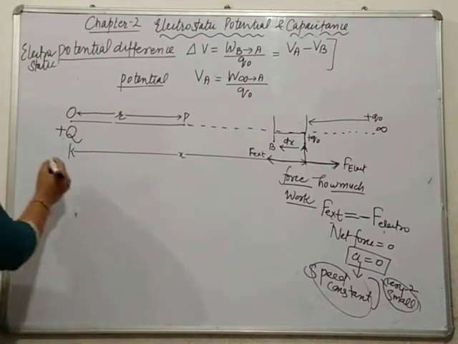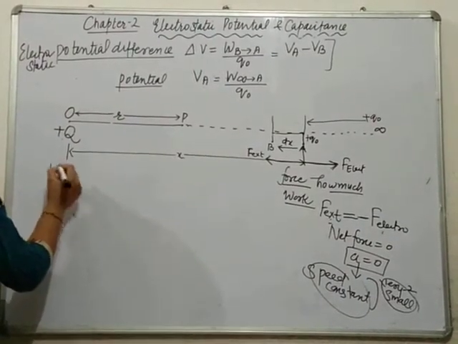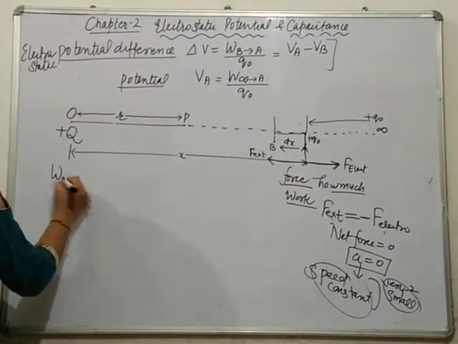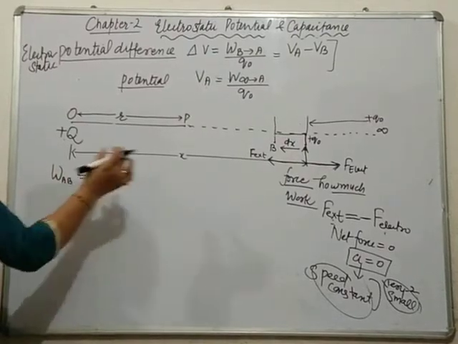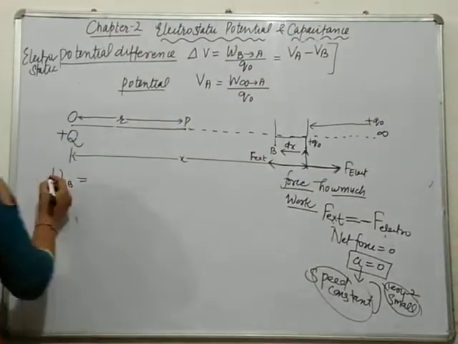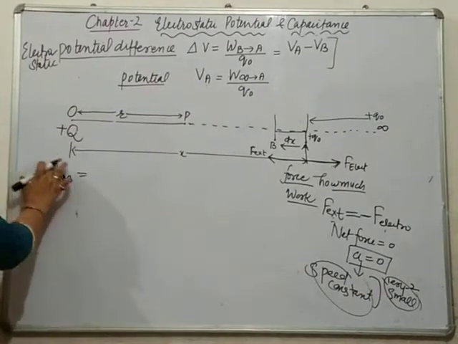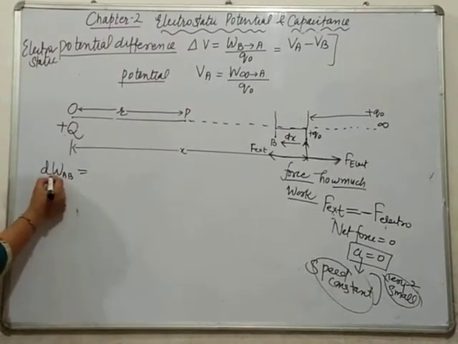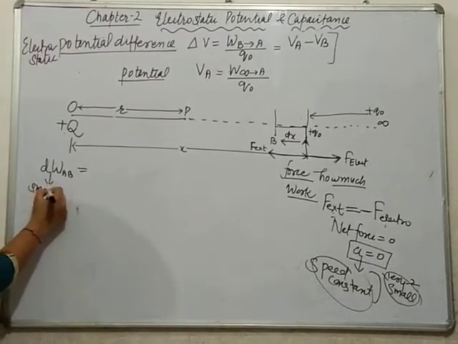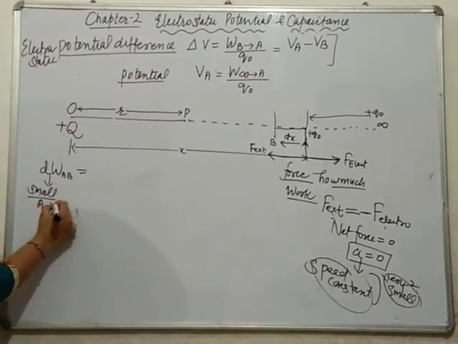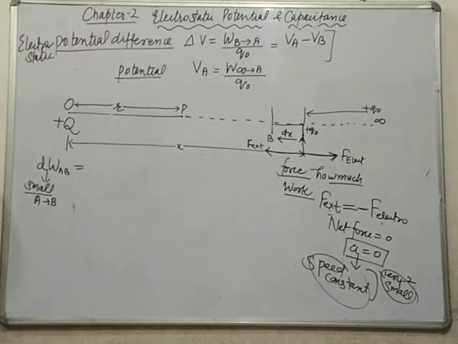Now, what is the amount of work done in moving the body from A to B? As the displacement is very small, that is dx, the work done will also be very small. I am calling it dw, the small amount of work done to move the body from A to B. What is the formula for work?